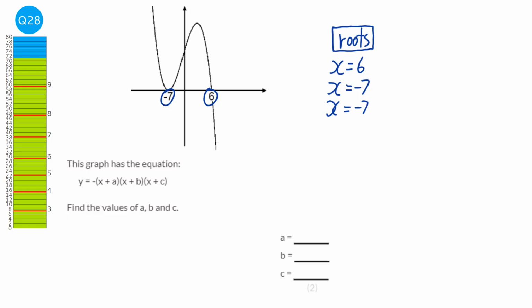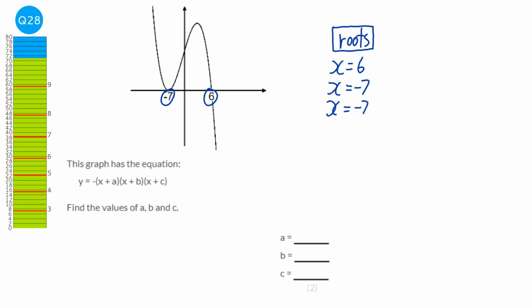So with these, what we need to do is make sure that at x equals 6 and x equals -7, the whole equation equals 0. So if we imagine A, what does A have to be to make this whole thing equal 0, when we look at the fact that a root is at 6?